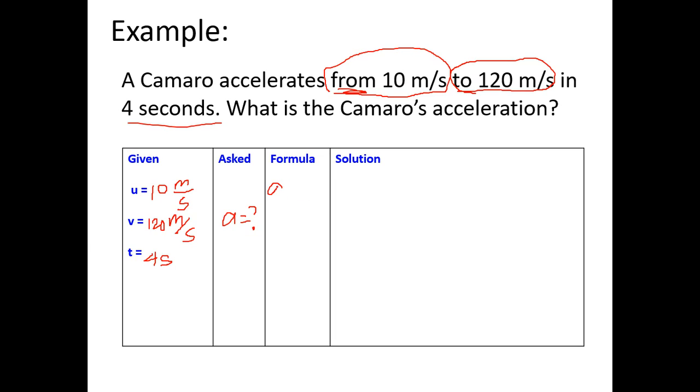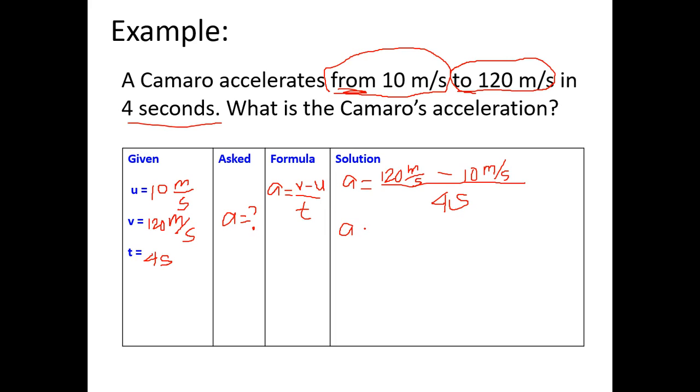Okay, and then your formula will give you a is just equal to v minus u over t. And here goes your solution. A is just equal to, so what is your v? Your v is here 120. So you go 120 m per s minus your u is 10 m per s over your time is 4 seconds.